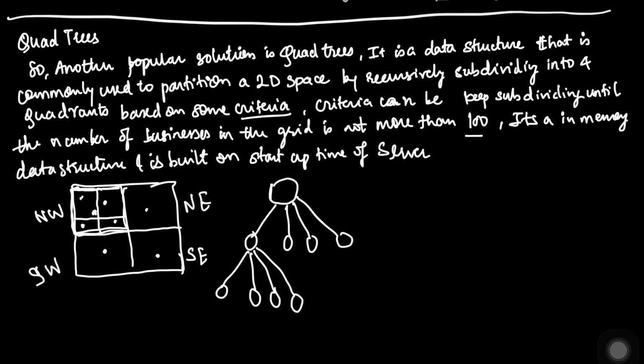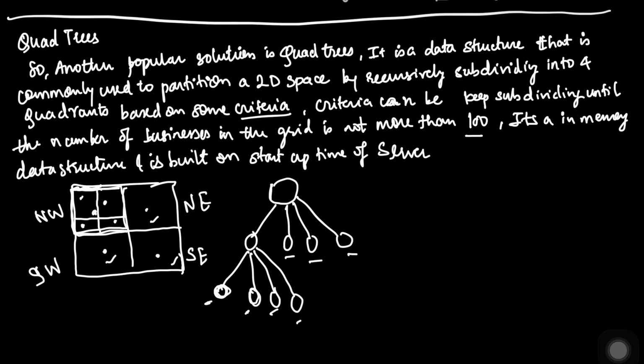All our leaf nodes will be holding the businesses. In our case, these 2 businesses would lie in this leaf node, this one business would lie in this leaf node, the other one here, and respectively all the businesses would be in the leaf nodes of this grid. Here we just have one business, so all of them are leaf nodes.